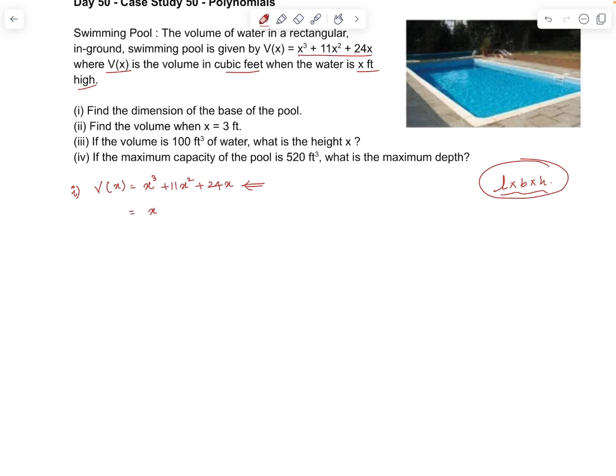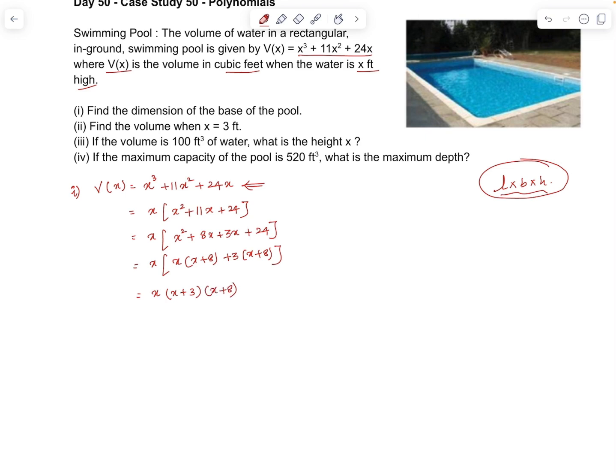Now, taking x as common in this, we get x square plus 11x plus 24, and further factorizing this bracket using the splitting of the middle term, 11x can be written as 8x plus 3x plus 24. So we get the factors as x plus 3, x plus 8.